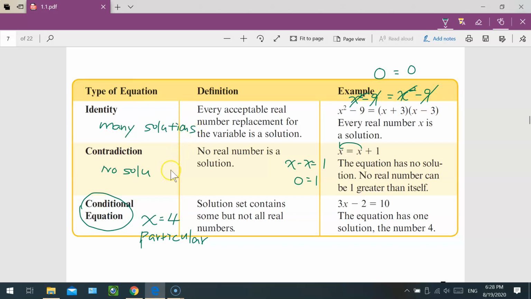So when you deal with an equation, you only have these three conditions. One, when you have a particular number, you have the conditional equation. When you don't have the solution, you go with the contradiction. When you have many solutions, you go with the identity equation.